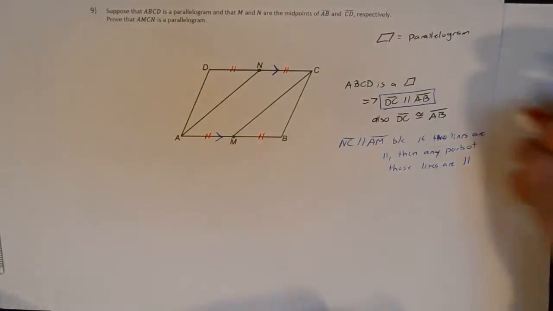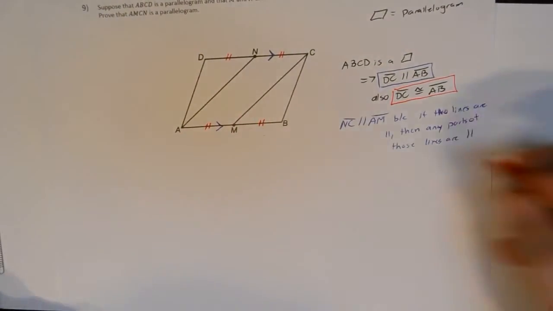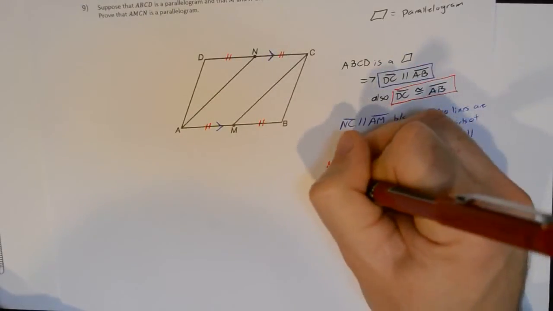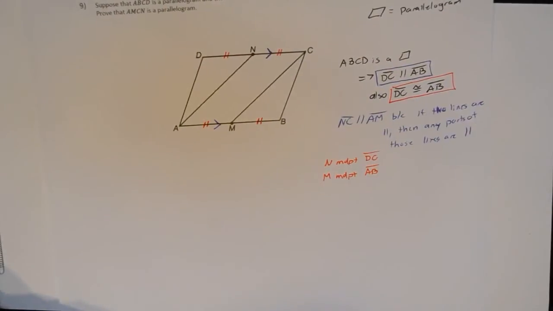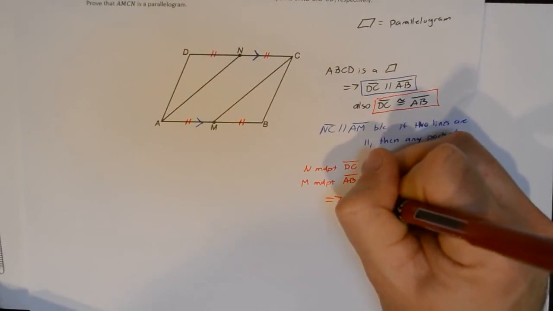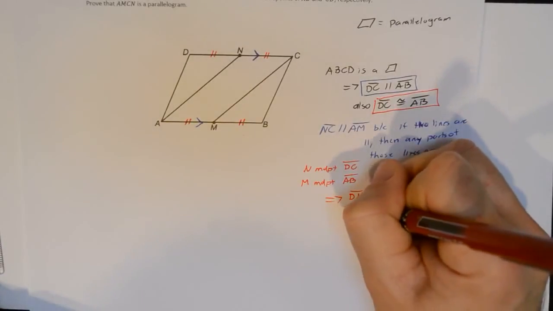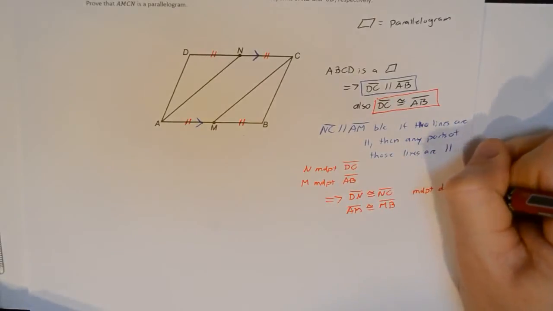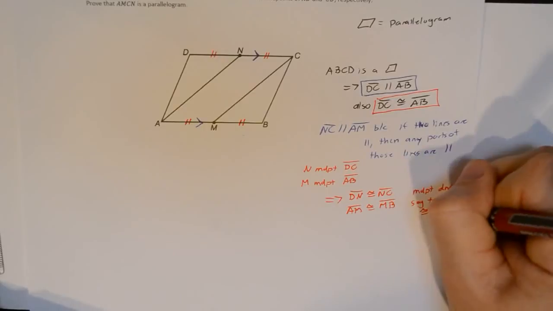Alright, now what about this thing about DC being congruent to AB? Well, since we know that N and M are midpoints, right? So N midpoint DC and M midpoint of AB, right? So what's that tell me? Well, if those are midpoints, then therefore, certainly DN is congruent to NC, and AM is congruent to MB, right? Because a midpoint divides a segment into two congruent segments.